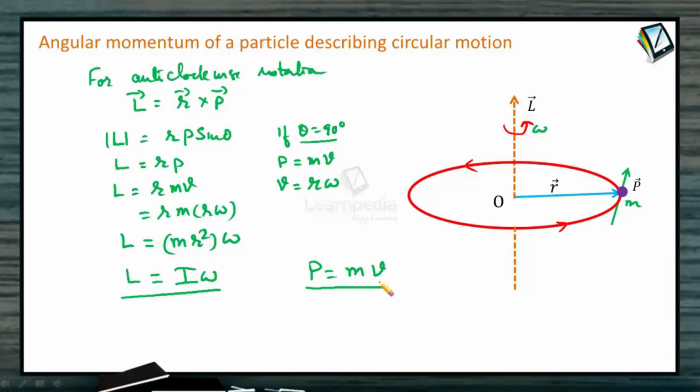In translatory motion, linear velocity is v, in rotatory motion, angular velocity is omega. Mass is the measure of inertia in the translatory system. Then in the rotatory system, I is the measure of inertia, or it is called moment of inertia. So angular momentum of the particle describing circular motion, L is equal to I omega.